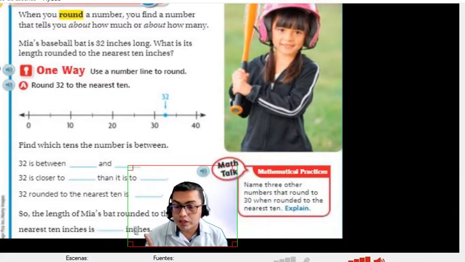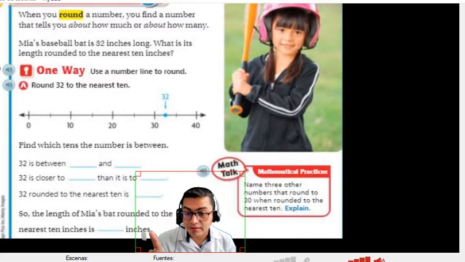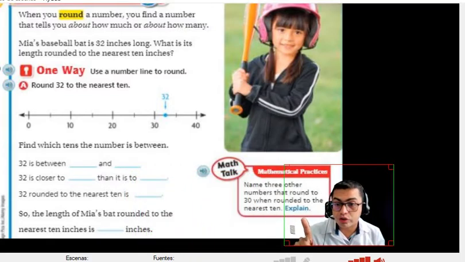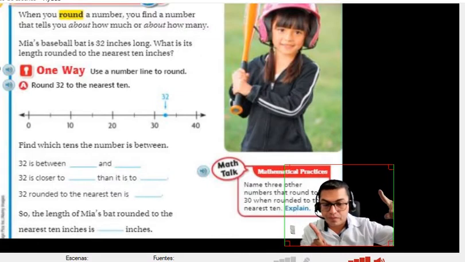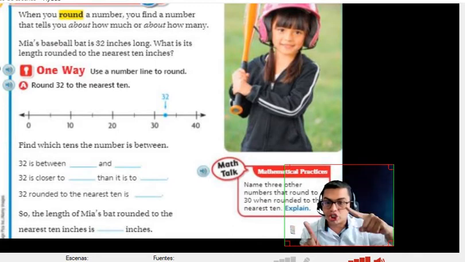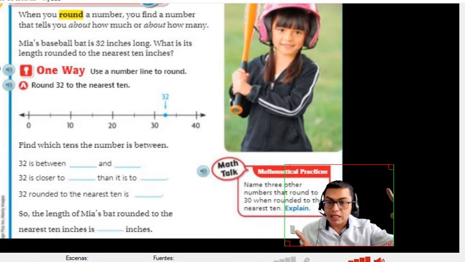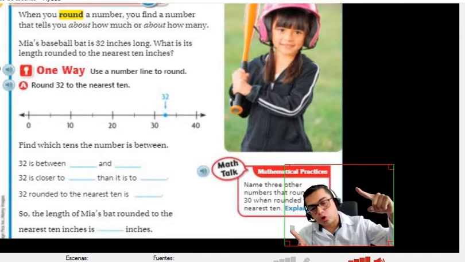So, for example, length of Maya's bat. Maya baseball bat is 32 inch long. 32 pulgadas, inch, long. Entonces quieren saber, lo quieren redondear.